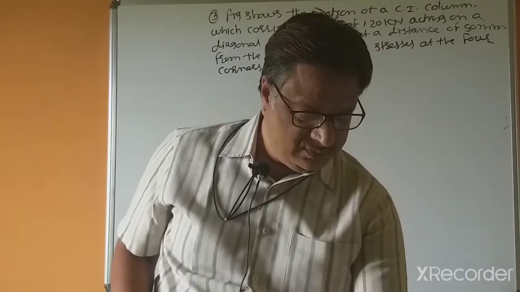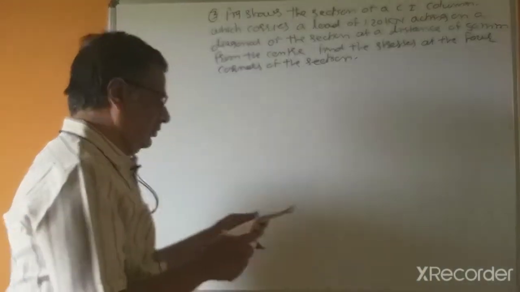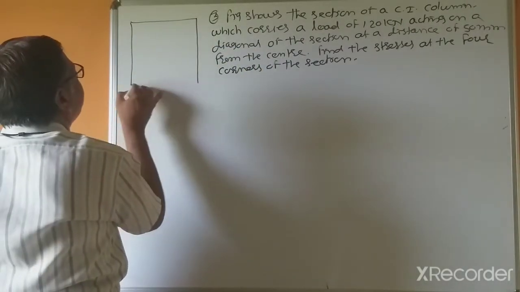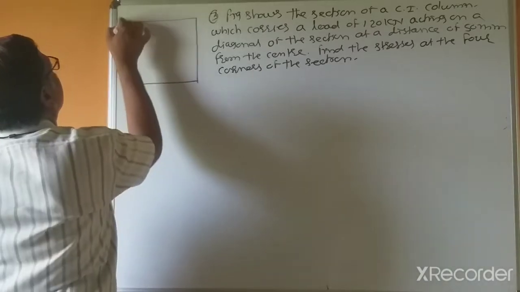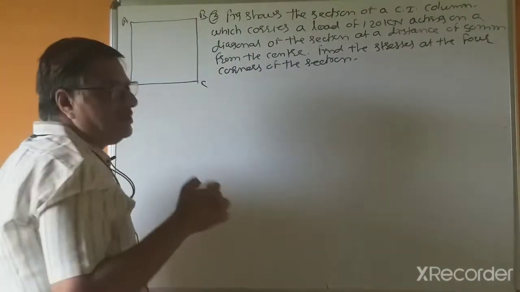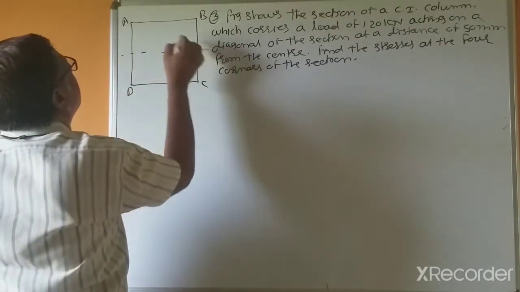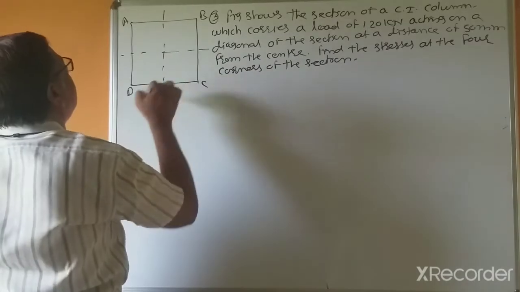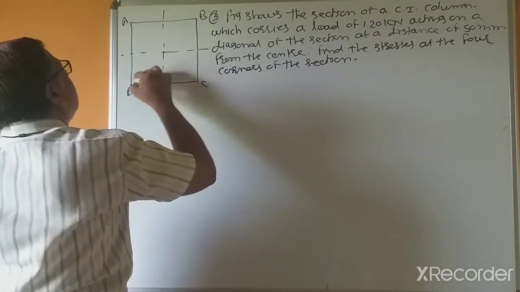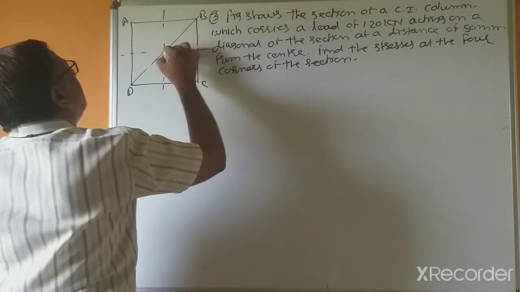Figure shown. Four corners A, B, C, D. If the names are not given, you can mark the alphabets A, B, C, D, and this is on the diagonal.